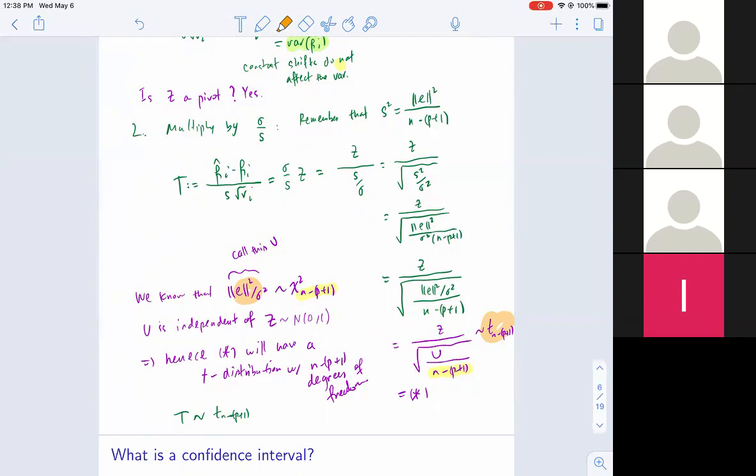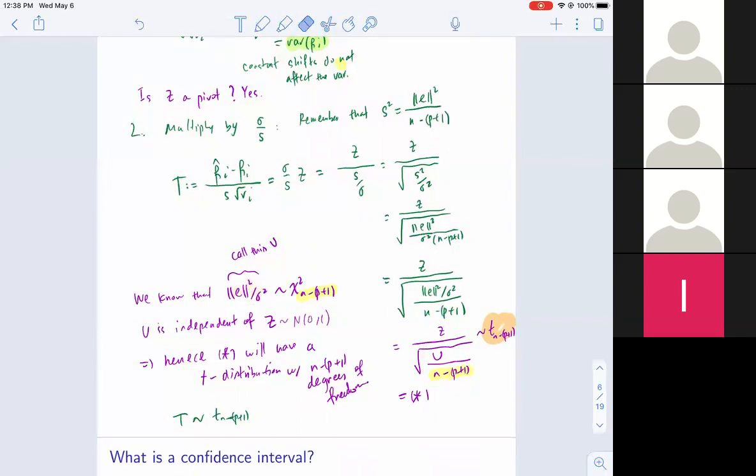We argued that U is independent of Z because U is a function of the residual vector, and the residual vector is independent of beta hat i, and Z is a function of beta hat i.